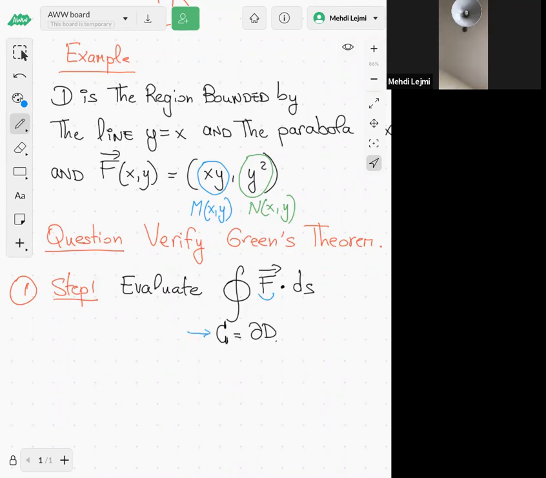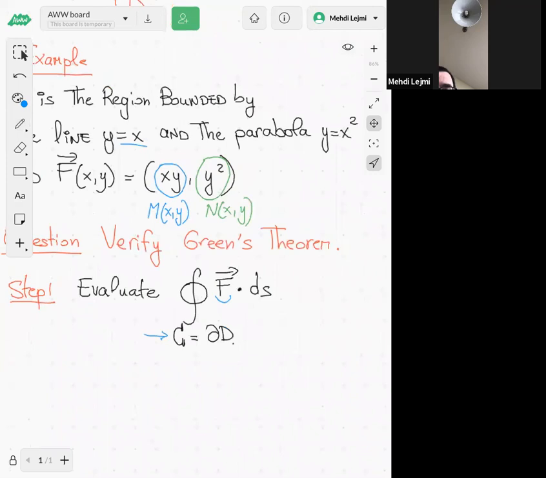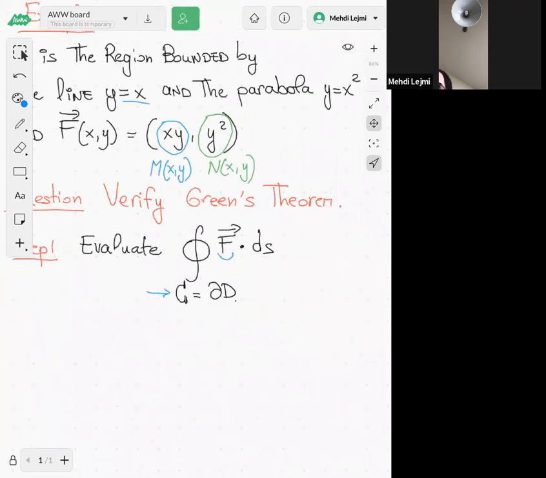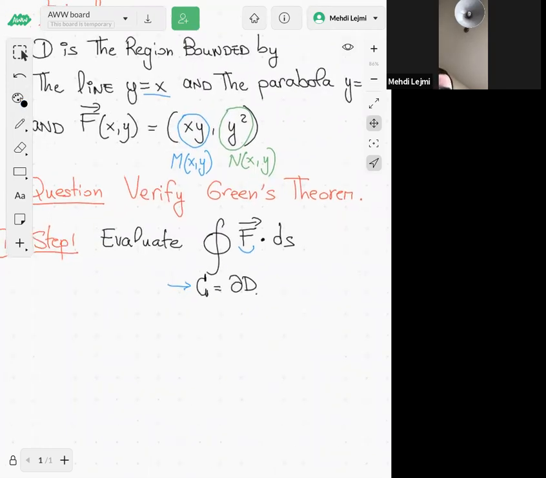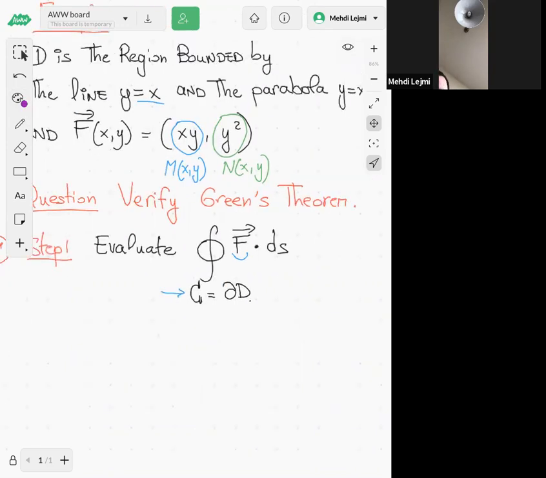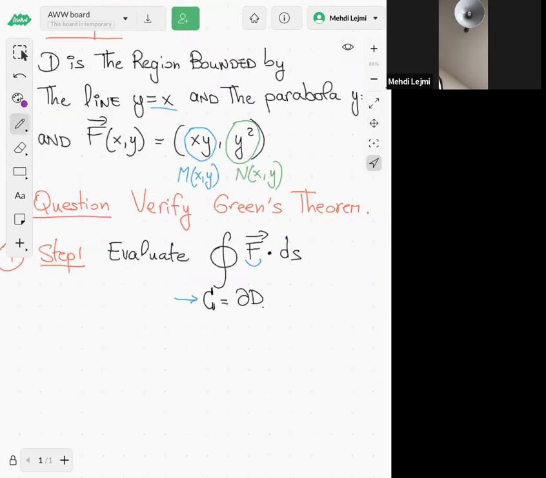C, which is the boundary of this region D. What's the region D? The region D is bounded by y equals x and the parabola y equals x squared. So the first thing to do is to parameterize the boundary of D. The missing information here is the parameterization.